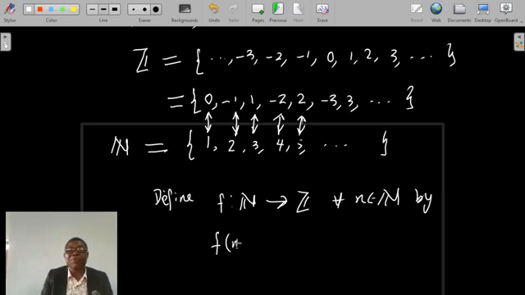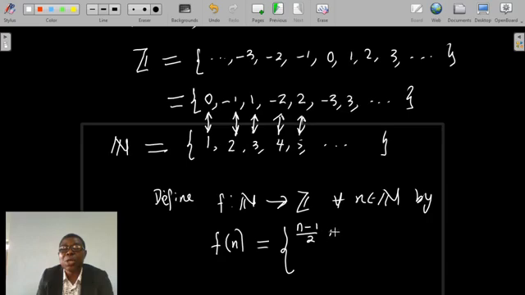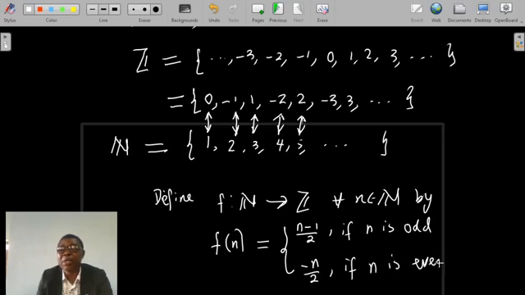I'll look at f of n to be equal to n minus 1 over 2 if n is odd, or I will define it as minus n over 2 if n is even.